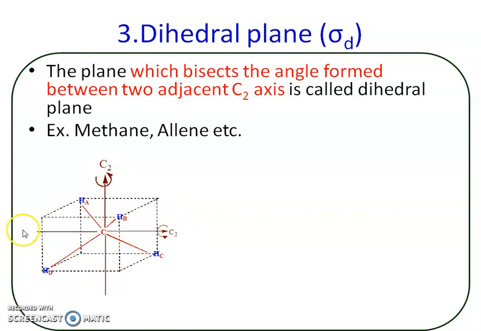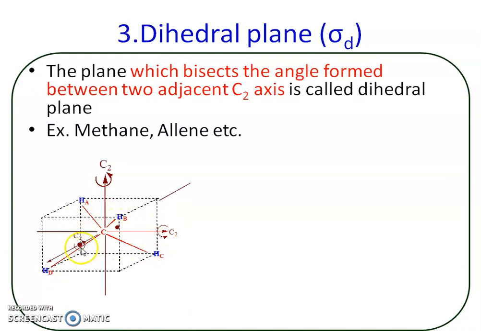This is another C2 axis. Along this C2 axis, when the molecule is rotated through 180 degrees, this time there is an exchange between hydrogen B and hydrogen C, and at the same time between hydrogen A and hydrogen D. The orientation of the methane molecule remains the same. So this is the second C2 axis. Now consider the center of the front face and the center of the back face.